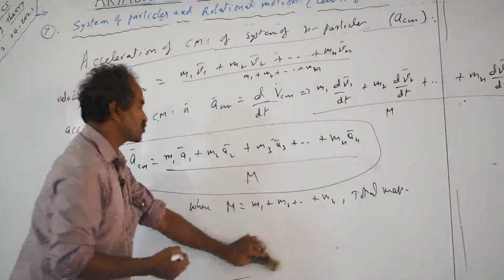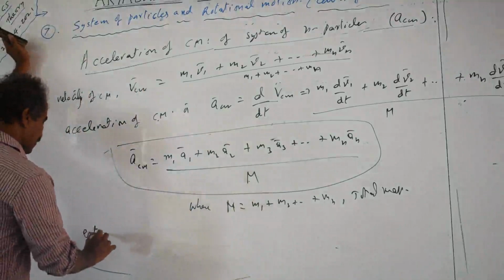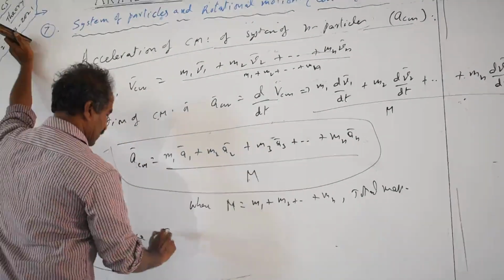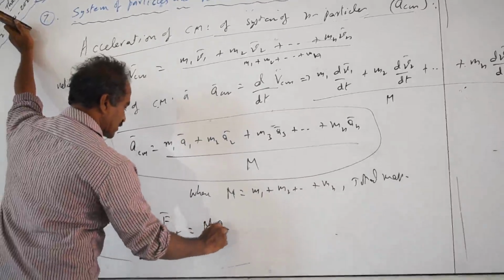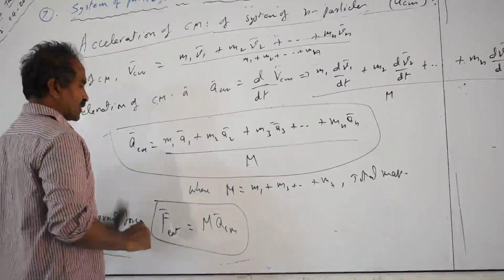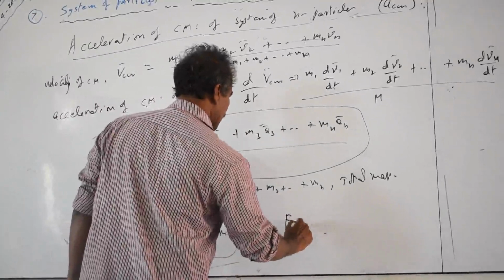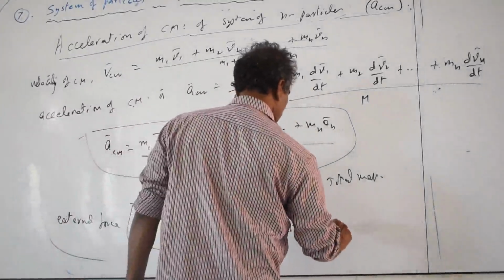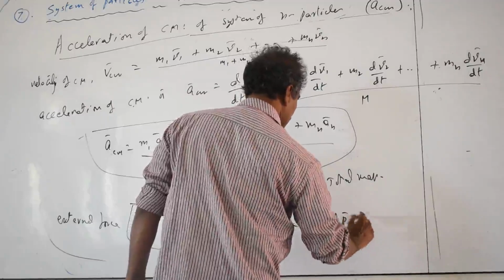That is supposed to be the external force, mass into acceleration of center of mass. Acceleration is also related to dp by dt, or F external equals M into acceleration of center of mass, which equals dp by dt of center of mass.